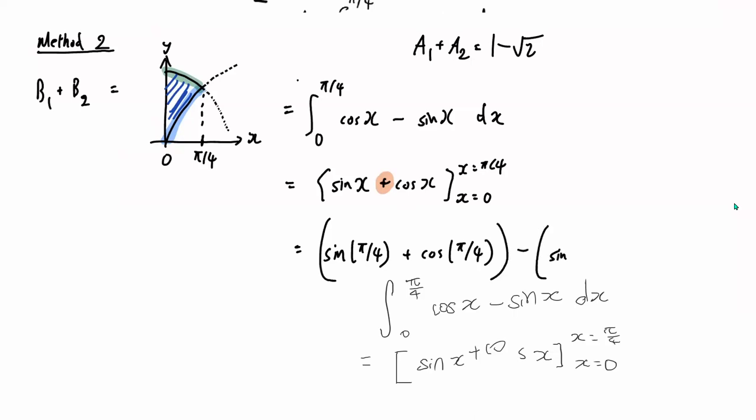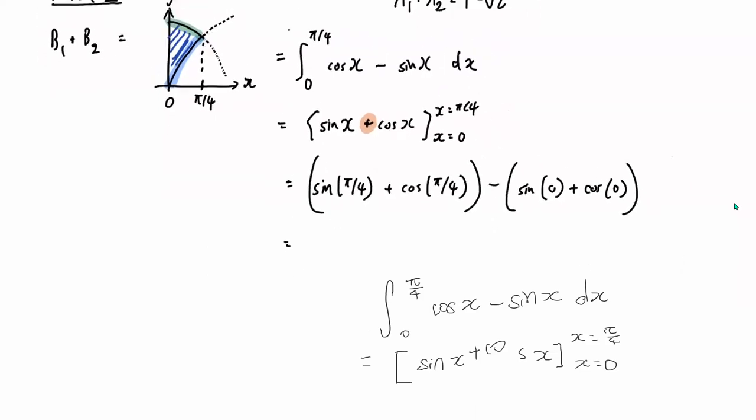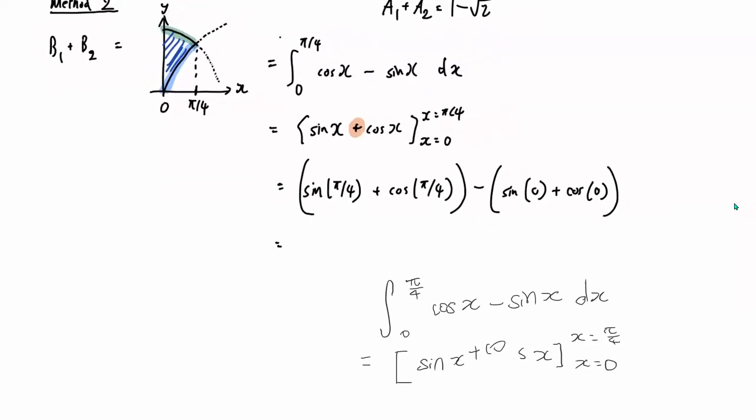Sine pi over 4 is square root half. Square root half. Then the other one is also square root half. Very good. Minus, what's sine 0?